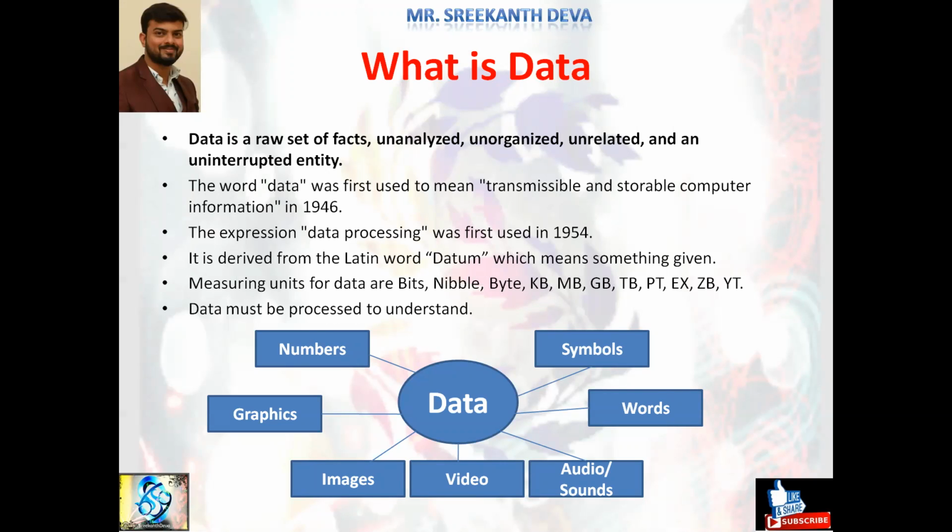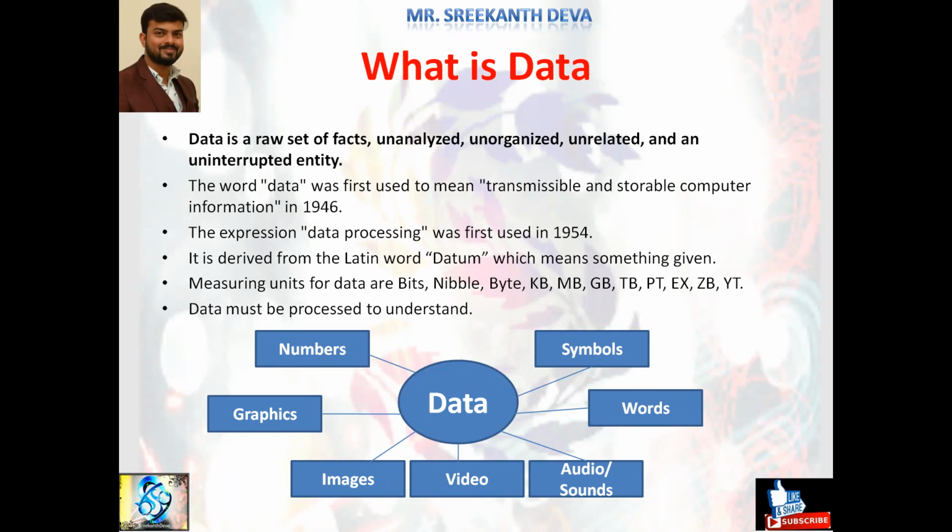Is it clear what data is? Data is nothing but raw facts. Data may be represented in the form of numbers, symbols, graphics or pictures, words, images, audio, video, and so on.